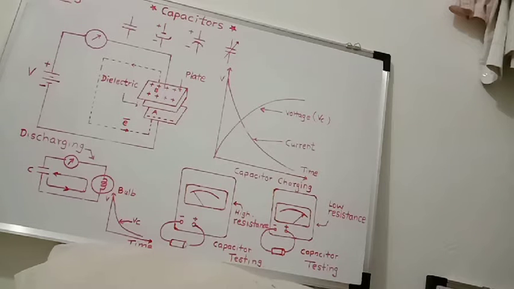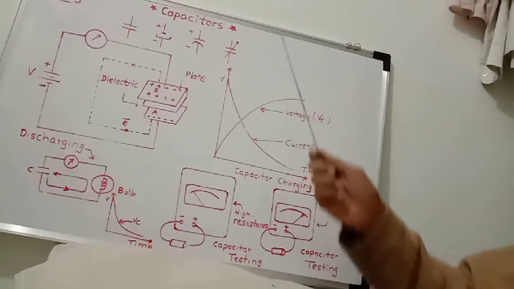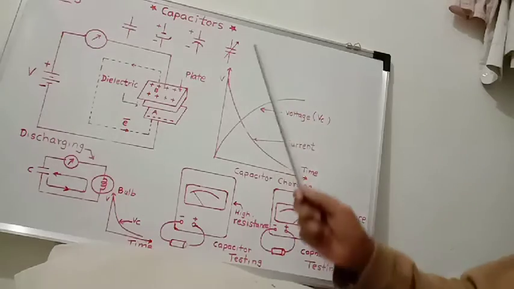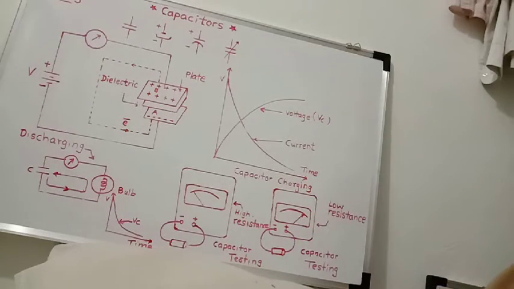Or in an FM kit, a particular radio station is tuned by using a trimmer capacitor. A trimmer capacitor is a variable capacitor, and its values lie between 30 picofarad to 100 picofarad. So these are the variable capacitors.